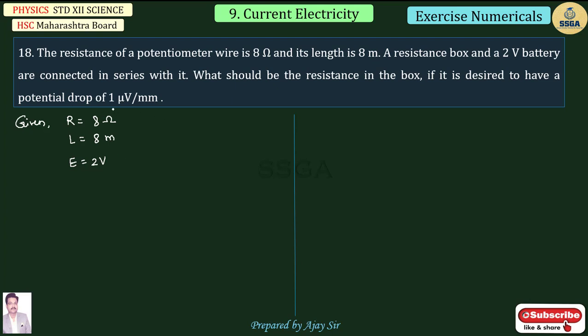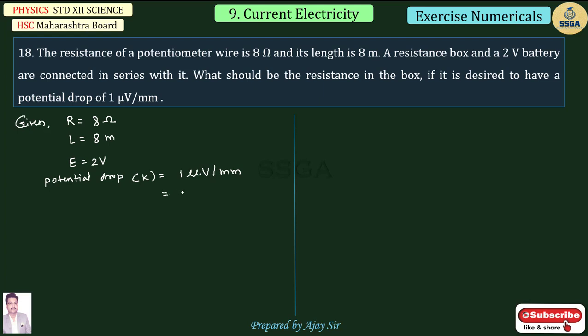And one more thing is given, that is the value of potential drop. So the potential drop per unit length, that is K, is equal to 1 microvolt per millimeter.